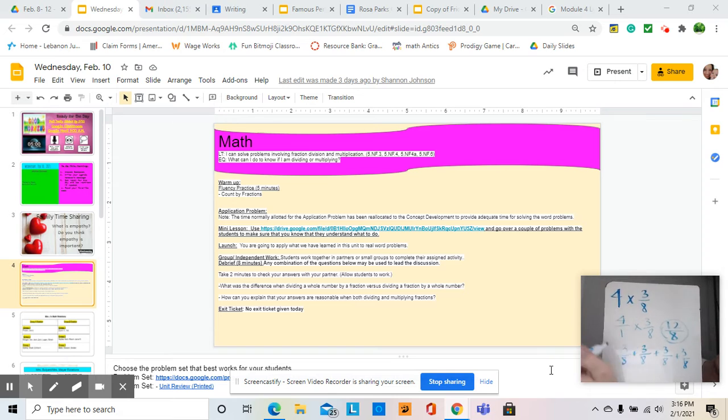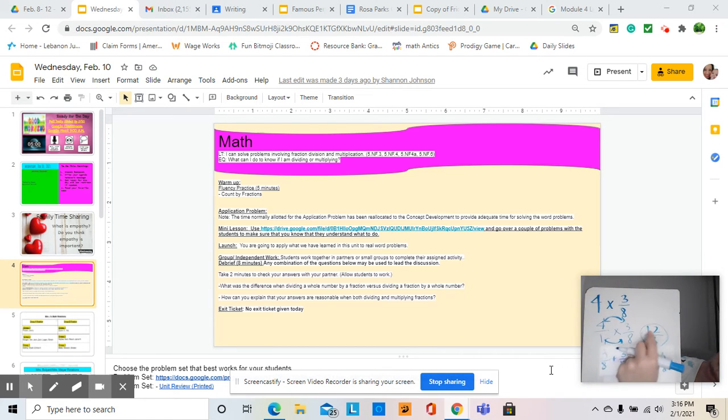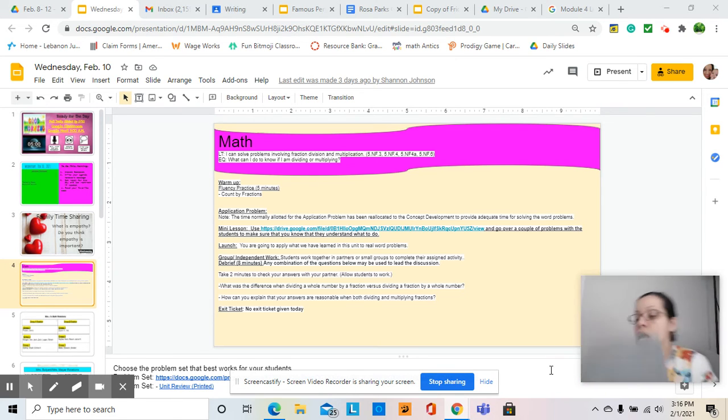Remember, when we multiply a fraction by a fraction, you just do 4 times 3 and 1 times 8. So 4 times 3 is 12 and 1 times 8 is 8. So you multiply top by top and bottom by bottom. Simplifying, obviously, at the end.